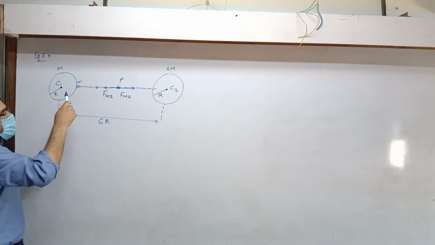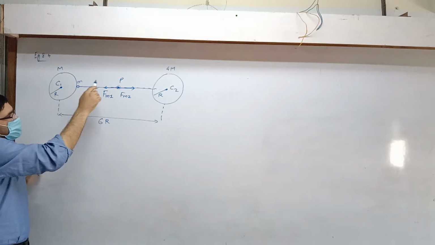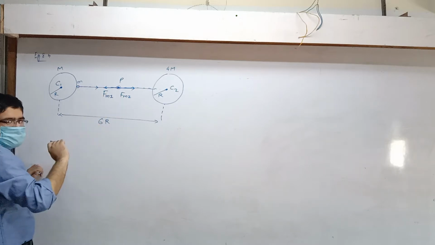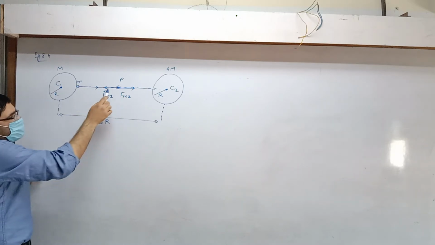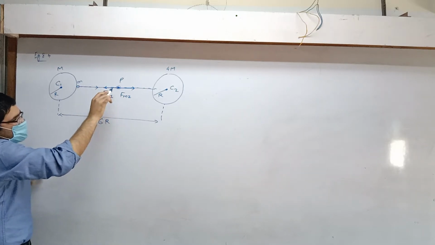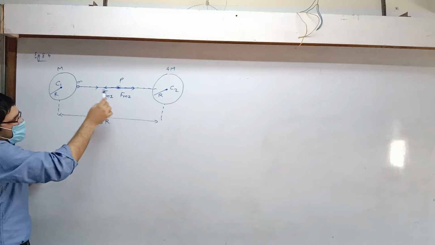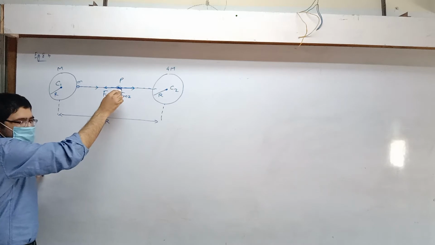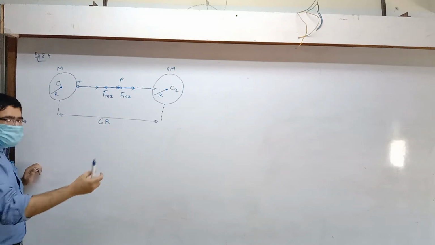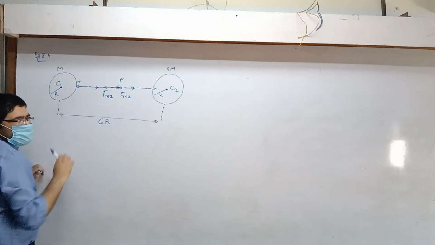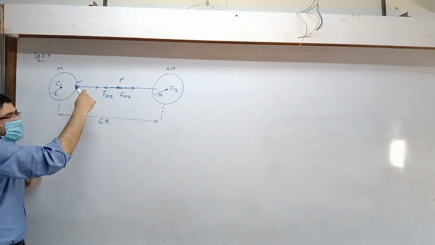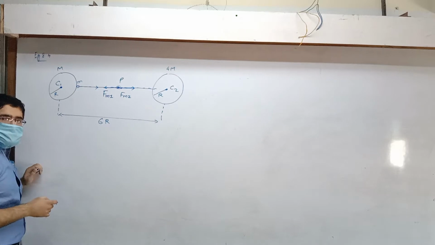Concept clear? Our aim should only be to send it to P, because once it reaches P with a negligible speed, not exactly 0, but very small is also enough, it will go a little bit forward. The moment it goes a little bit forward, this mass will attract it more than this one, and it will bring it towards the surface.